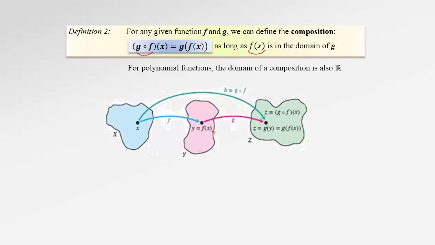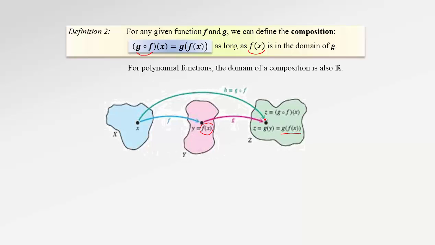However, if this f of x wants to travel to the green island, it will have to take another ferry. That will be the red ferry, called the g function. It brings this input f of x to the green island to land as an output g of f of x. Now imagine that the input x wants to travel to the green island z directly, just by one ferry.